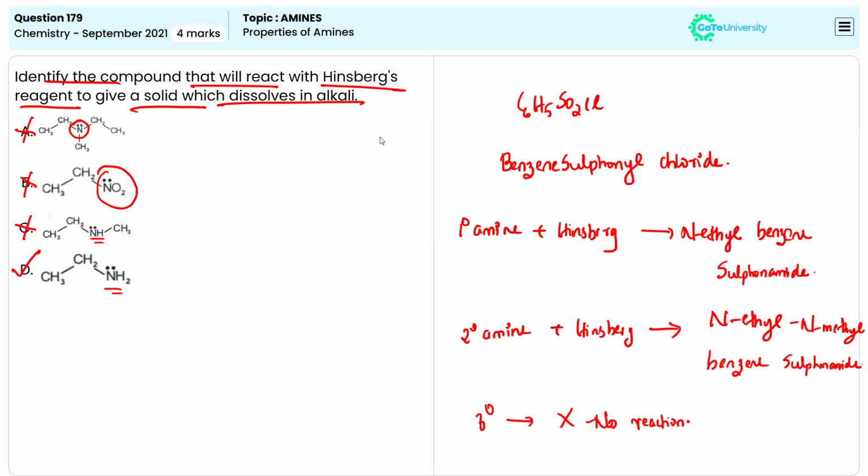Write down the type of reactions as well, and only it will be helpful. Write down the equation. The types of reactions with primary, secondary, tertiary also you have to note down.